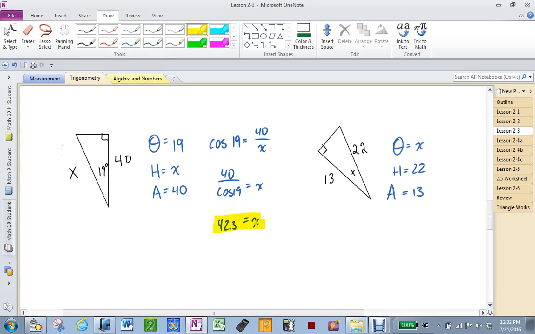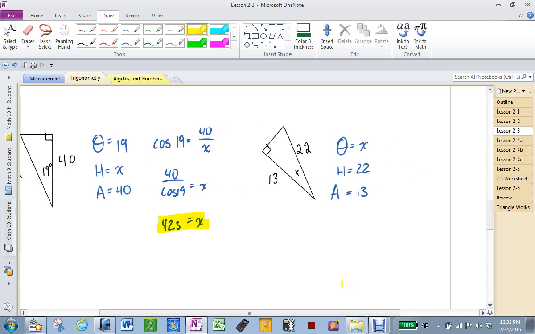And finally over here, what's weird over here? There's no theta. But we know how to deal with tan when there was no theta. What did we use? Shift tan.